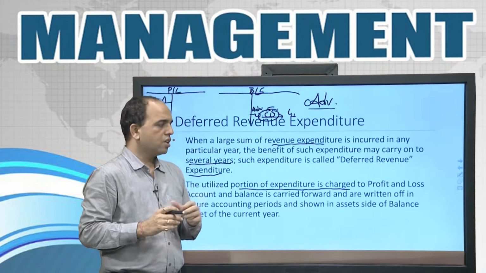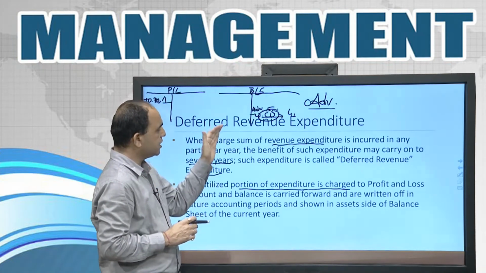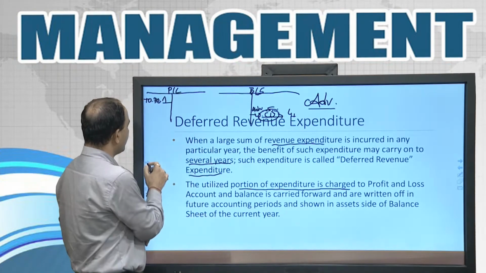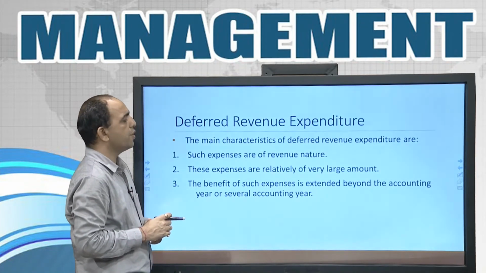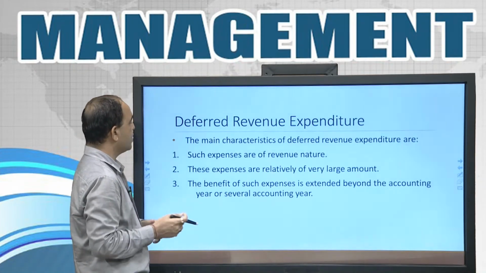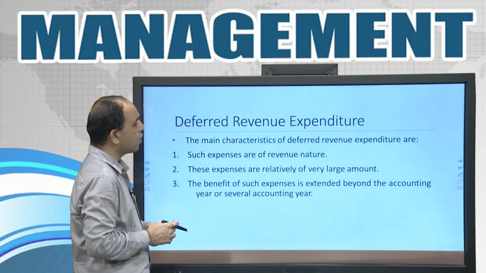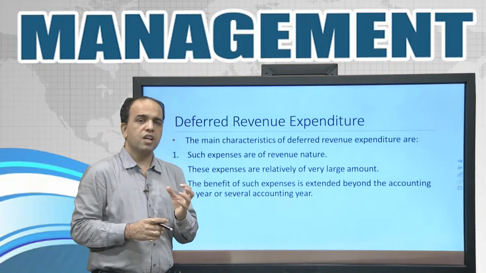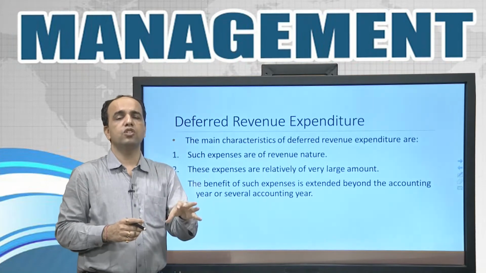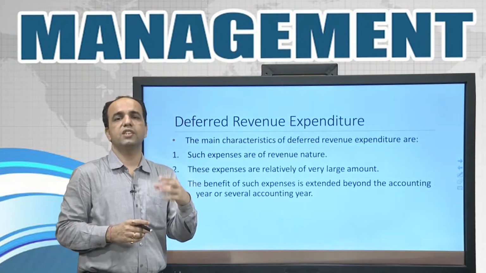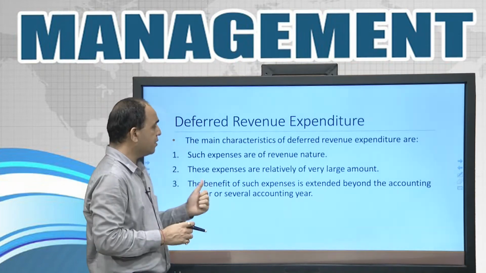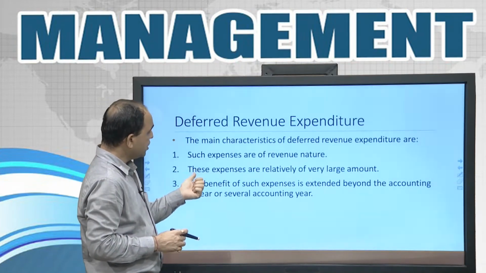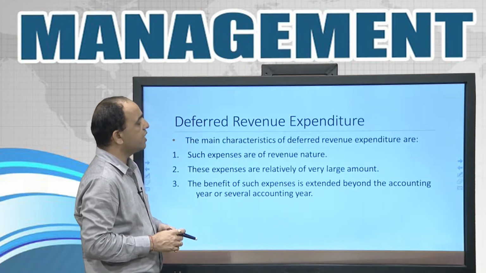In a balance sheet, this is a little bit different from revenue expenditure. The main characteristics of deferred revenue expenditure, what we have discussed: such expenses are of revenue nature, means you have to pay that 5 crores immediately this year to the celebrity for 5 years, advertisement suspense account. But these expenses are relatively of very large amount.